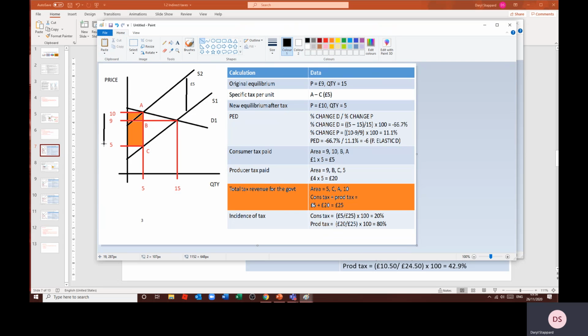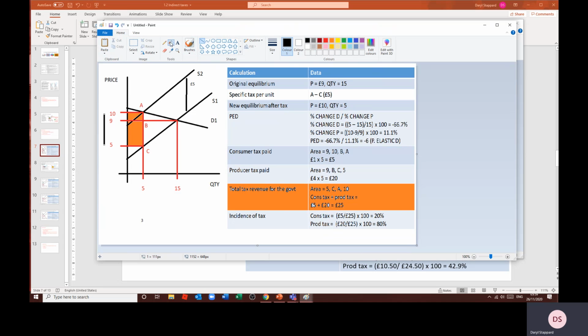So 10 all the way down to 5 is the tax per unit, that £5 that's coming out there. In this marketplace now, at the new equilibrium point, 5 units of output will be bought and sold. So 5 times 5 will give us that shaded area, and that will in total give us £25. So the tax paid in the marketplace is £25.